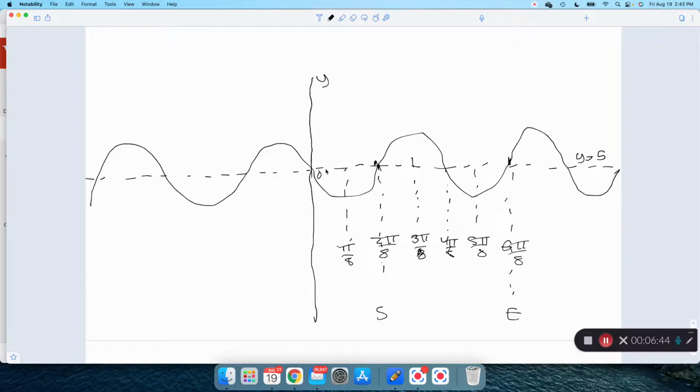Okay, let's keep going because we want some positives and some negatives. So here will be negative pi over 8, negative 2 over 8, negative 3 over 8, and the next one, negative 4 pi over 8. Okay, now we're ready to do our vertical slashes. We're always counting by ones there.